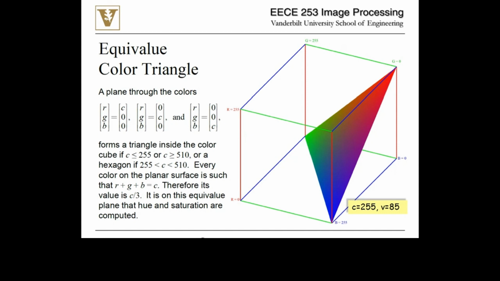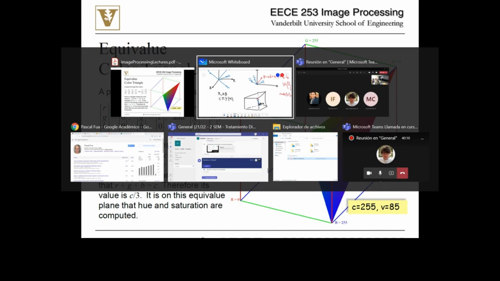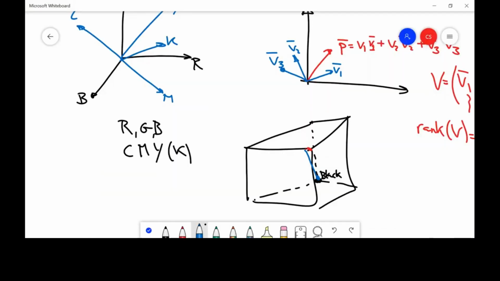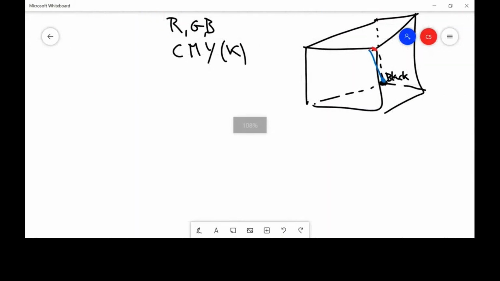Okay, what is that? That is the equation of a plane in the color cube. If this is my origin and this is my vector space, this is the equation of a plane. We remember this from your geometry classes.